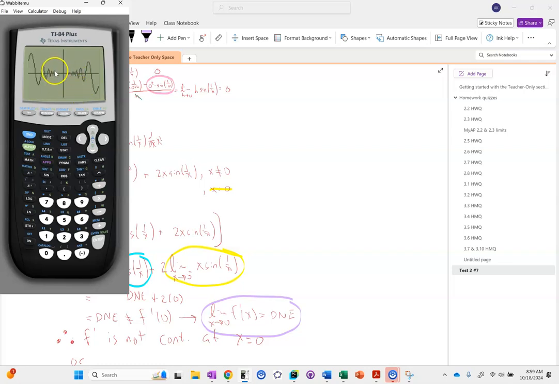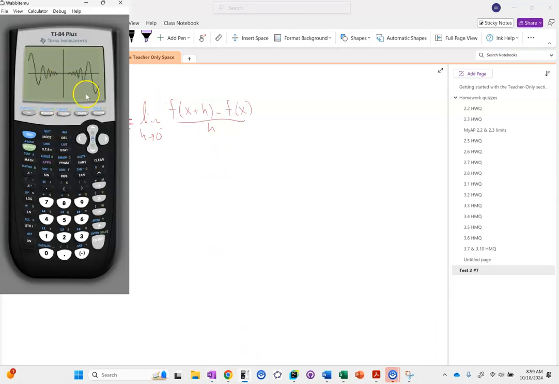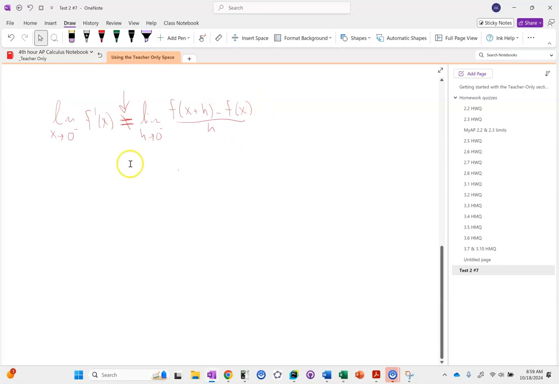And it's just too rough for the derivative to exist there at 0. If it's a nice smooth curve, then this relationship is going to hold. But if you have something that's real rough, like this guy is, these two things will cease to be equal.